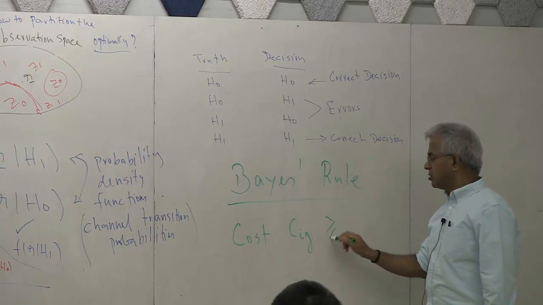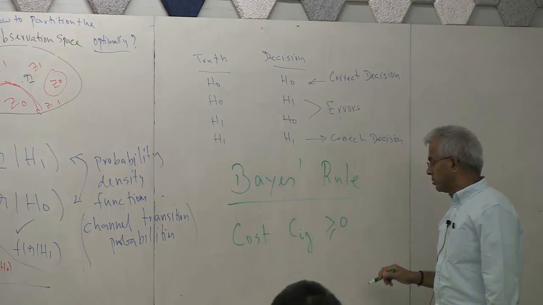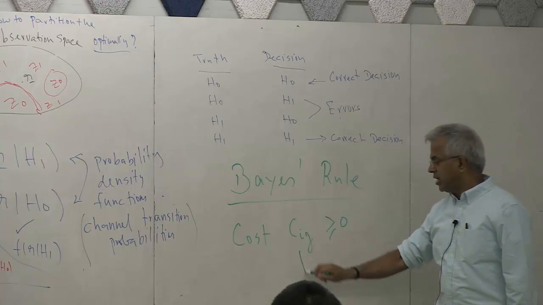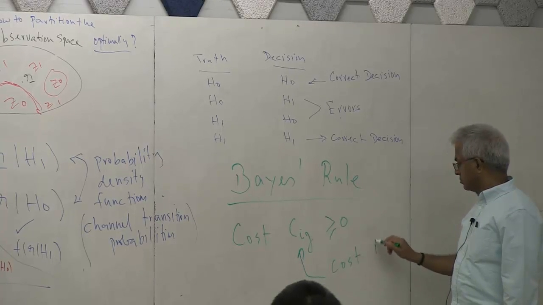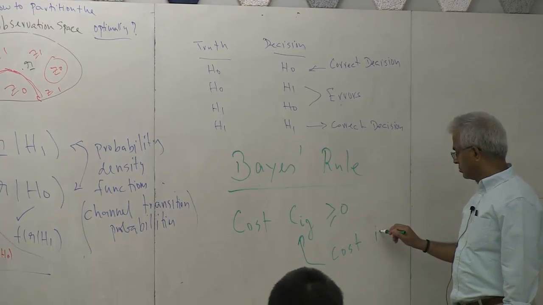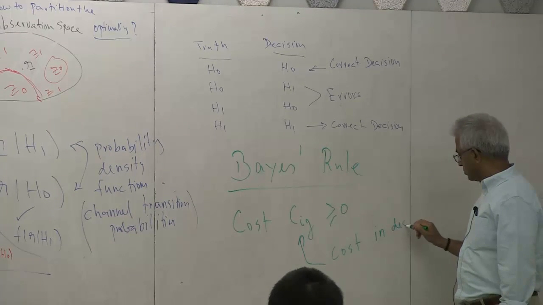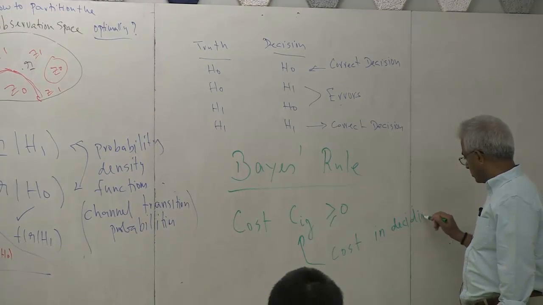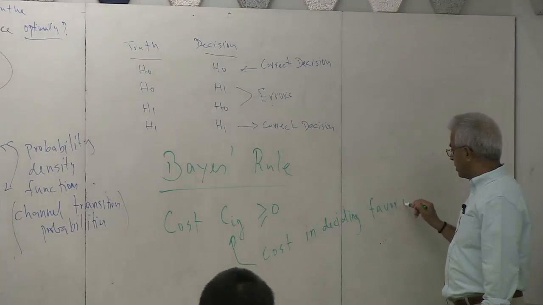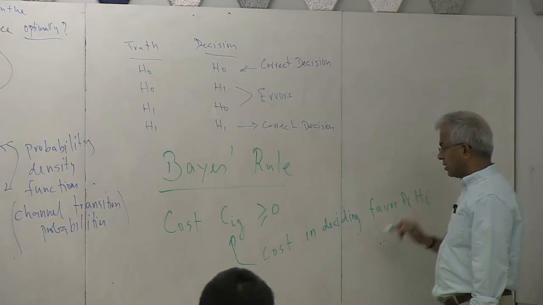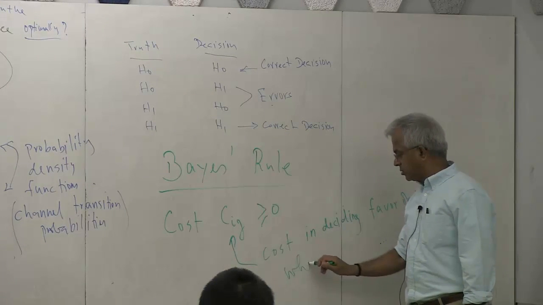Cost Cij, cost is always a non-negative number. So Cij represents the cost in deciding in favor of Hi when Hj is true.